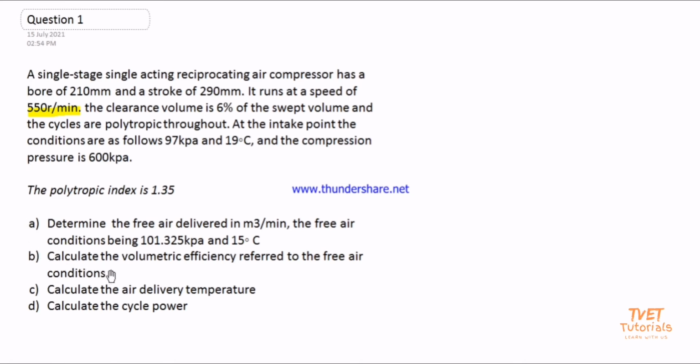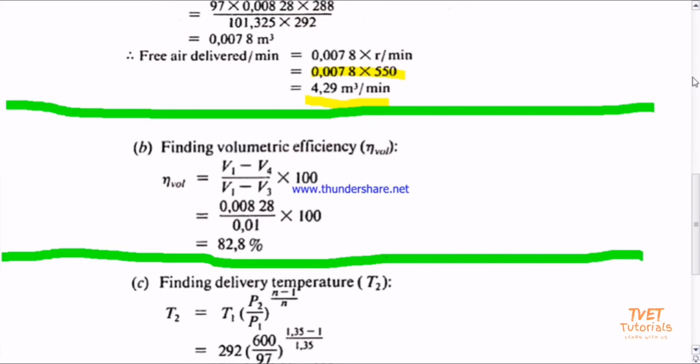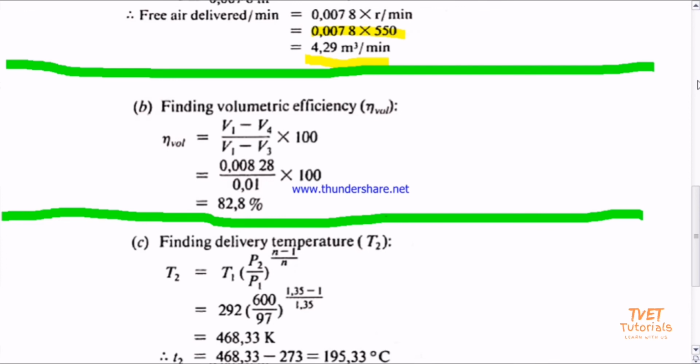The second question says, calculate the volumetric efficiency referred to the free air condition. So we'll solve it. Finding the volumetric efficiency, you're going to use it in terms of the volumes. Remember from question 1, we were able to calculate the effective swept volume.